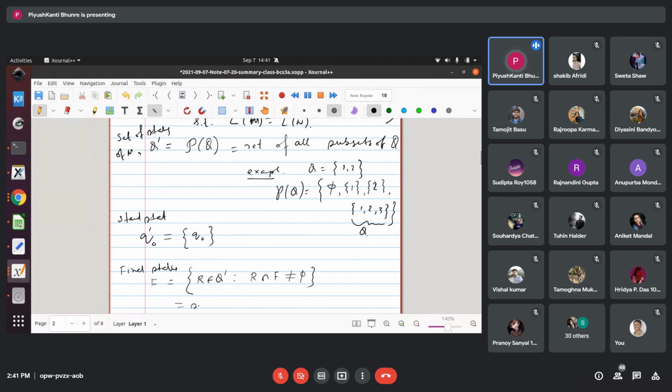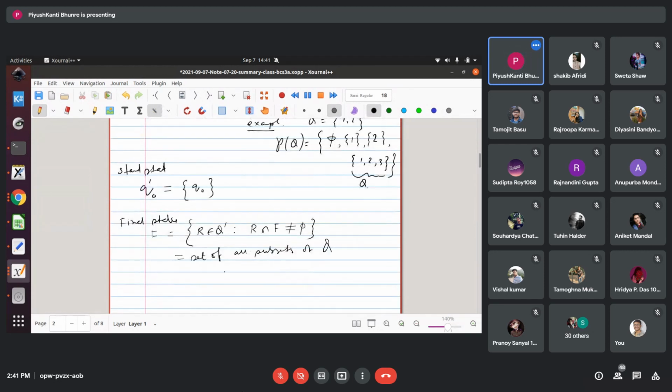That means this is the set of all subsets of Q that contain at least one final state of N.